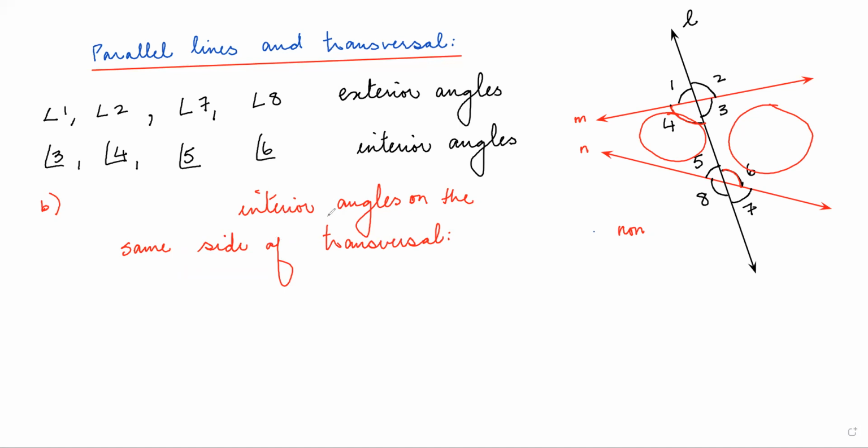So what are the interior angles on the same side of the transversal? Students, angle 4 and angle 5 are interior angles on the same side of the transversal. Also we can say 3 and 6 are interior angles on the same side of the transversal.